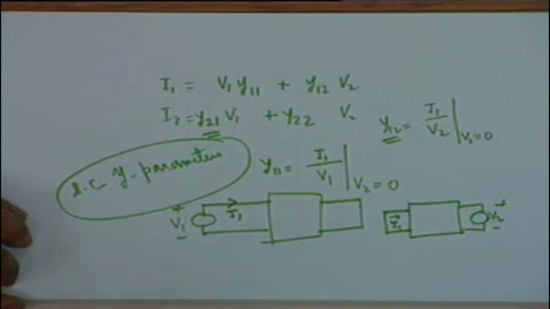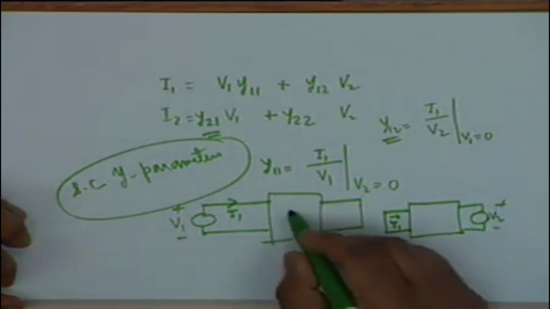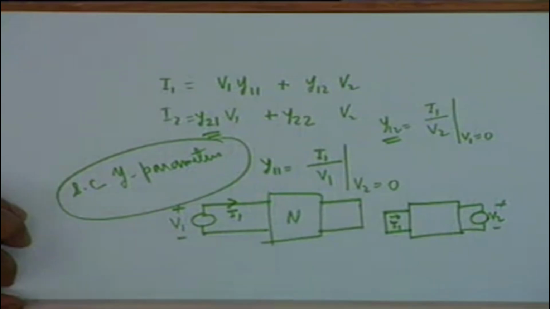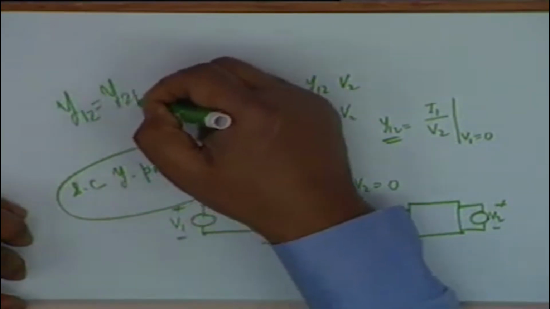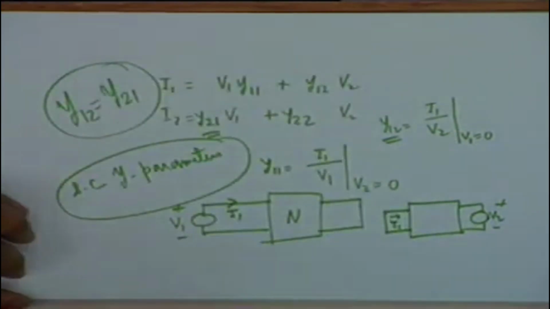Alright. In similarity with the open circuit Z parameters, one can argue here that if the network N is reciprocal, then you do not require 4 coefficients to characterize the network, you require only 3, and the reason is that Y12 shall be equal to Y21.